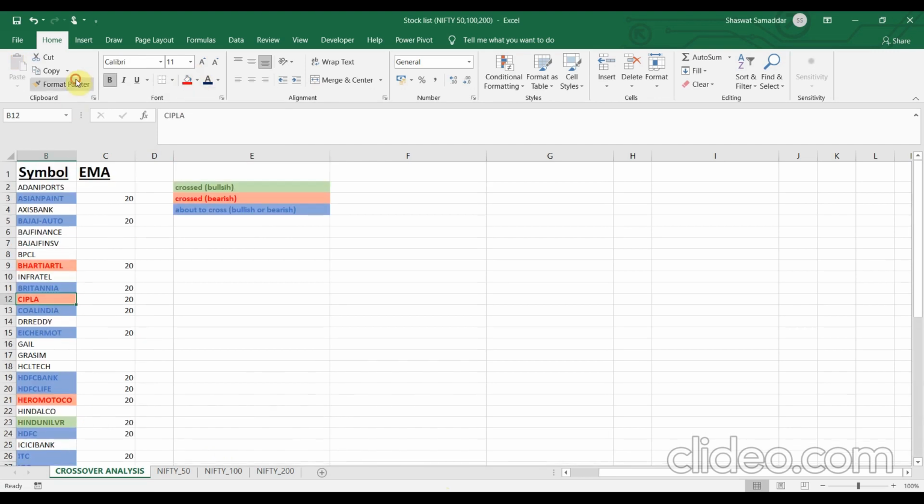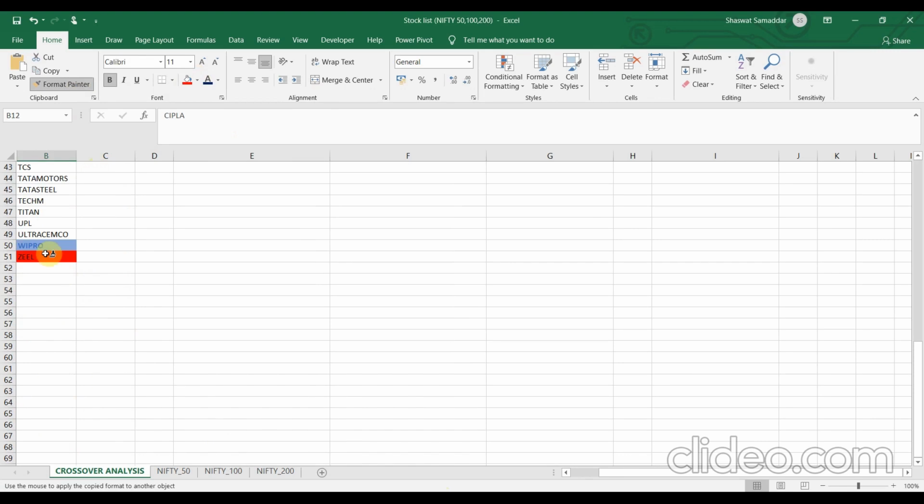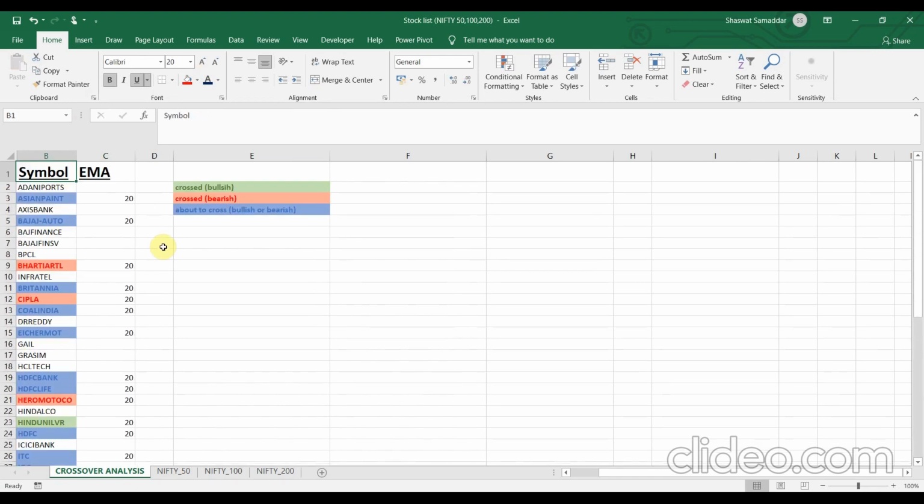Let me just use the format painter to not get confused. Okay, now the 20 EMA check has finished. Now it's time to check for the 50 EMAs.